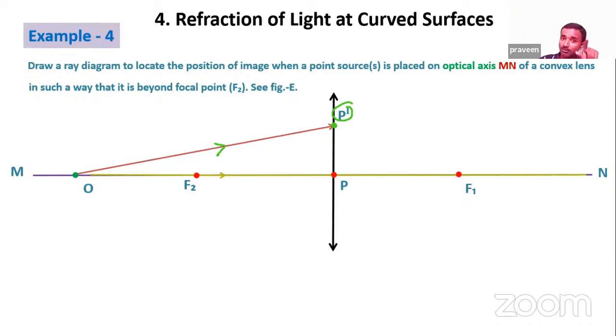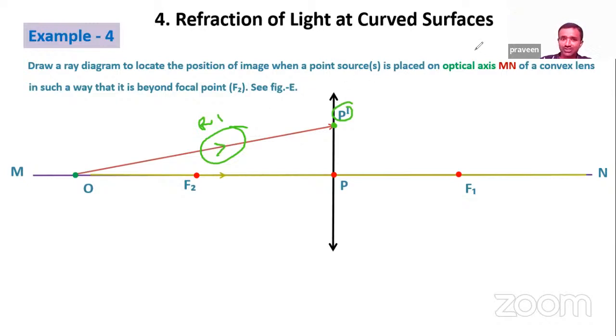But the problem is with this light ray. Suppose it is given as R1. R1 does not match any situation 1, 2, 3, 4. Okay, so in this case, we'll go for the special situation, special case, right?